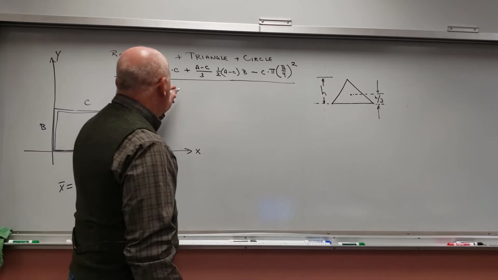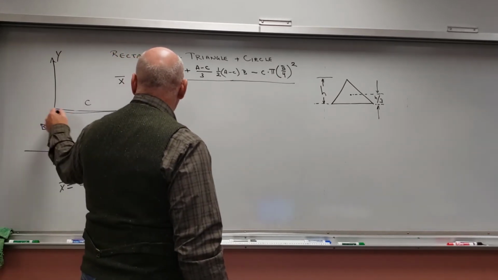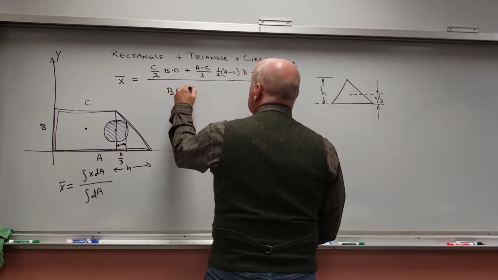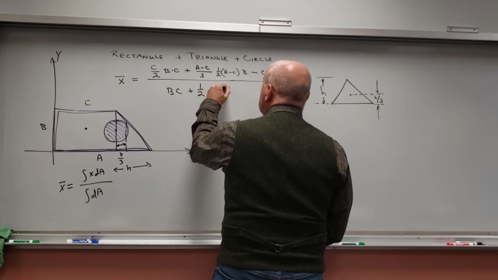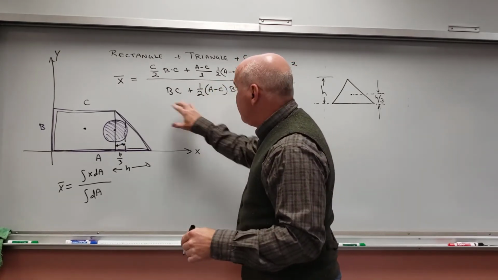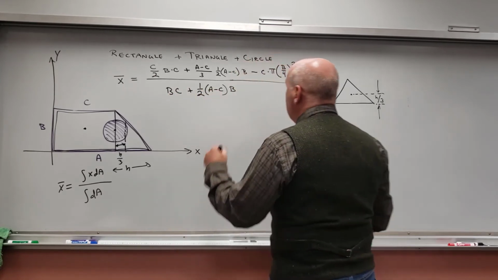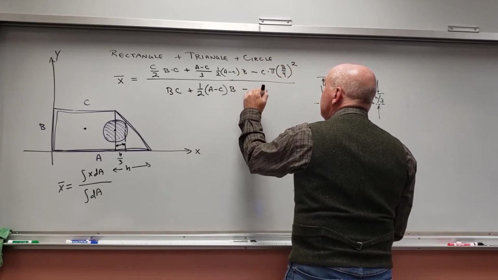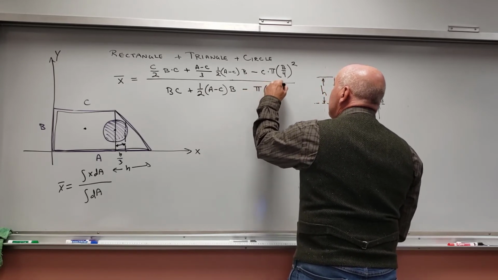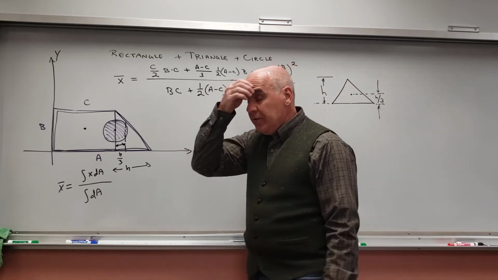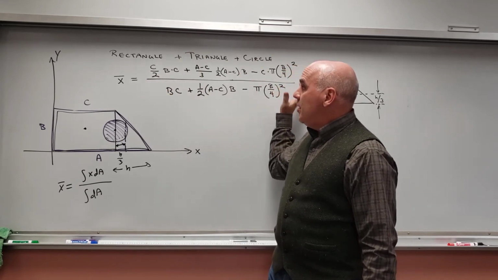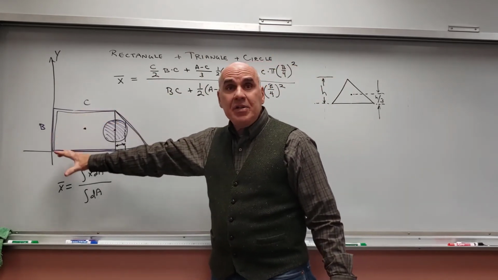And then the denominator is going to be b times c, that's the area of the rectangle, plus 1/2 a minus c times b, that's the area of the triangle, minus the area of the circle, which is, no, it's not c, it's pi times b over 4 squared. And we're not going to simplify all of that because that would be really hard. Okay, but there it is. So there is the x bar for this composite shape.